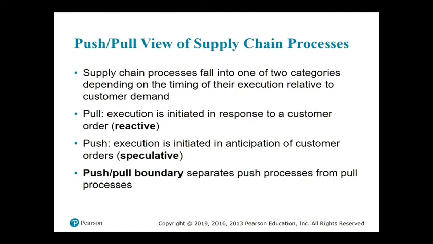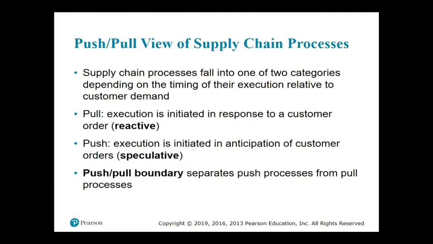What does that mean? So a pull process is going to be initiated after a customer order is received. So it's in response to the actual customer order. Whereas a push process is initiated only in anticipation of the customer order.